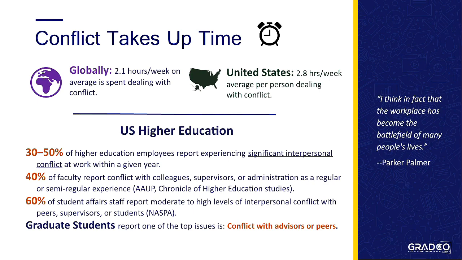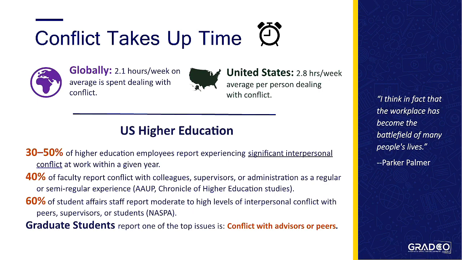Now, in U.S. higher education, 30 to 50% of higher education employees report experiencing significant interpersonal conflict at work within a given year. So that's a pretty high frequency in higher education. So it's not just other places. Higher education has its fair share of conflict. 40% of faculty report conflict with colleagues, supervisors, or administration as a regular or semi-regular experience.